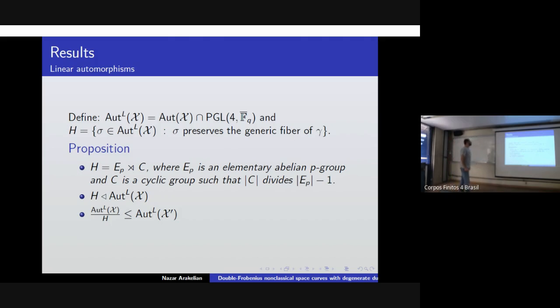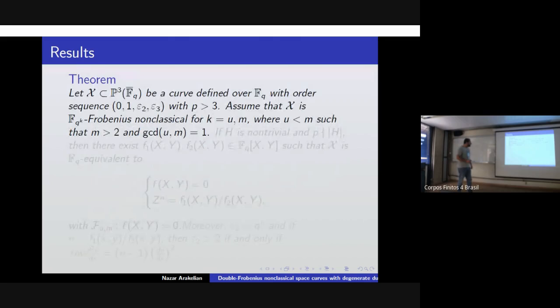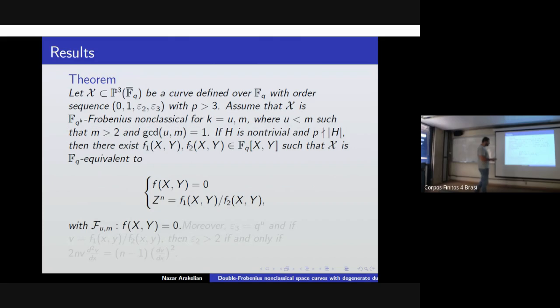But what can we say? How do we connect this to the previous slides? So, consider a space curve over F_q with this order sequence. Here, as always, assume that p is greater than 3. If your curve is Frobenius non-classical with the same parameters as before, and that subgroup H is non-trivial, and its order is not divisible by p, then your curve must be F_q-birationally equivalent to this one.